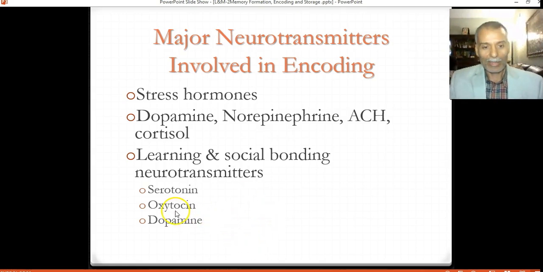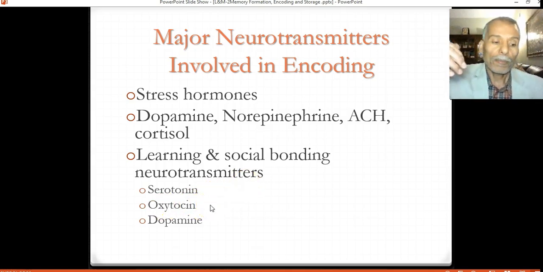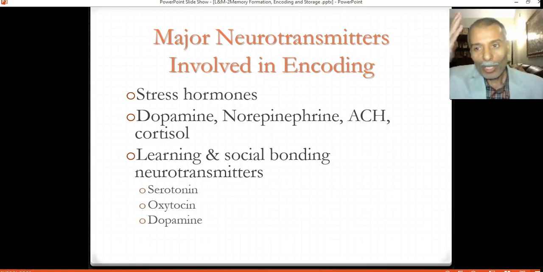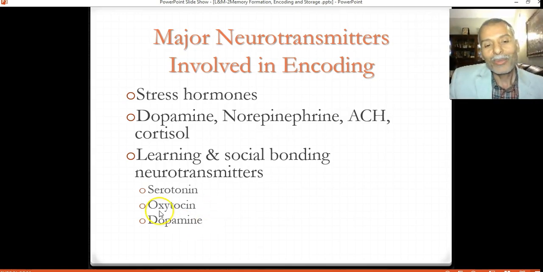Oxytocin is a social bonding hormone, and serves almost like a neurotransmitter or neuromodulator. So, for example, when you have a child and you touch the child, and you hug the child, that is going to make the child release more oxytocin.